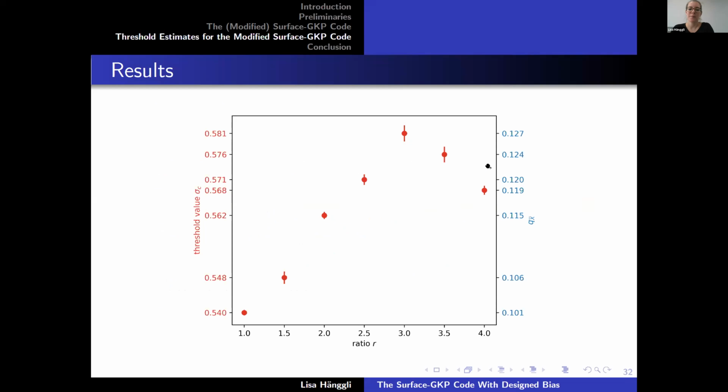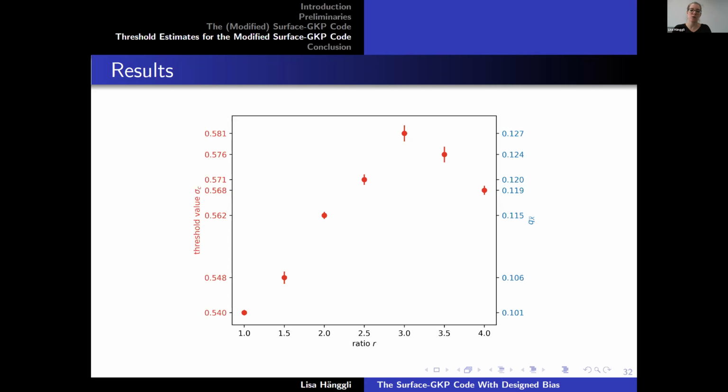Actually, I said that we think this is an artifact of the limited code sizes. We did different simulations showing that we actually get the expected behavior for the different ratios as soon as we have bigger code distances. We have a more consistent behavior, as we would expect for the graphs that we get.